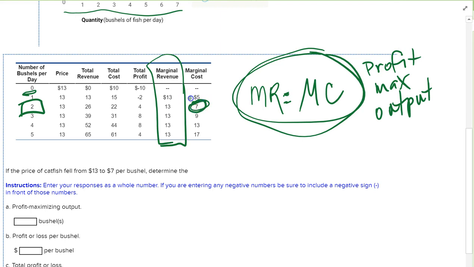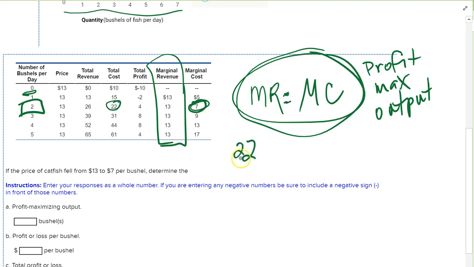So if marginal cost is equal to $7 for both of those, we look at the total cost of producing those 2 bushels, and we've got $22. So 2 bushels cost $22 to produce. We take in $14 of revenue. Marginal revenue is $7 each.